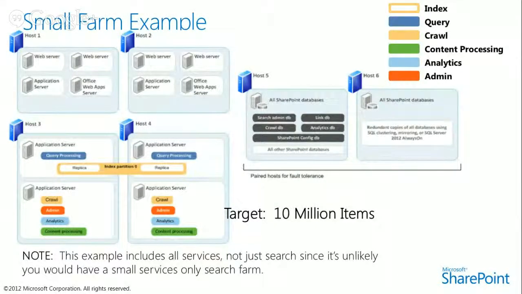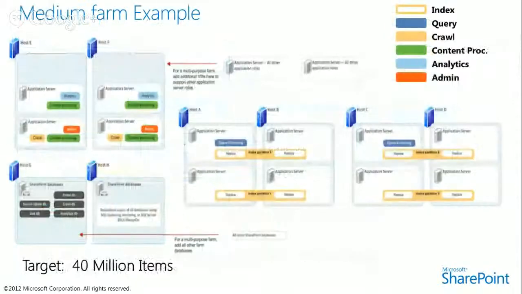In this case, we don't need a dedicated search farm, mainly because the amount of content processing that needs to be done can be handled by one index partition, and you can have other service applications in collocated mode in your application server environment. So there is only one index partition, and you don't need a dedicated database instance for hosting your search databases.